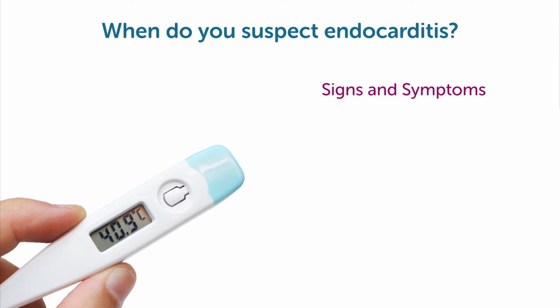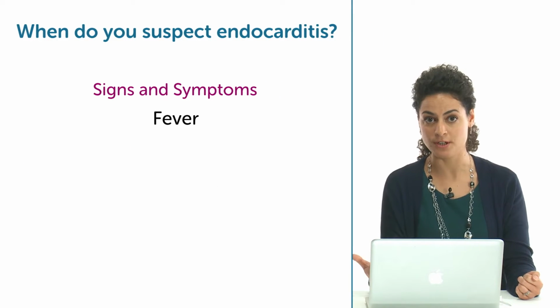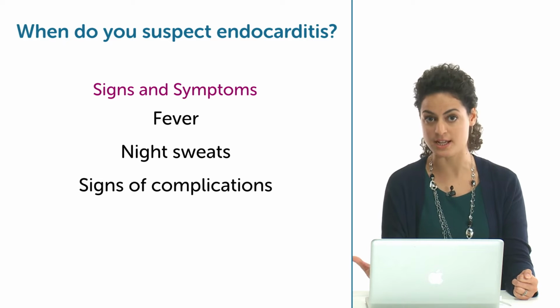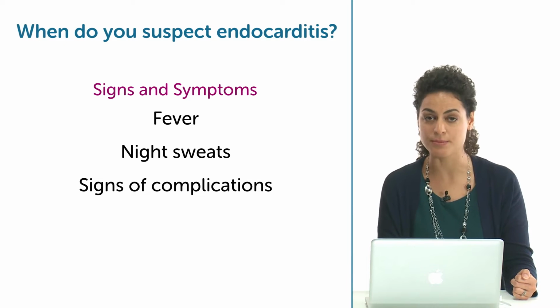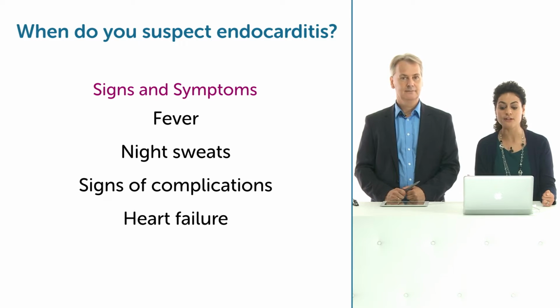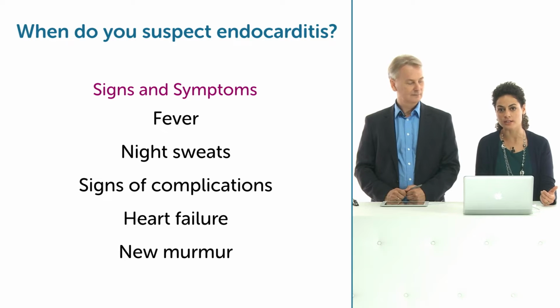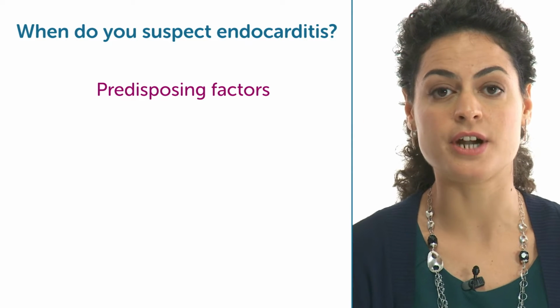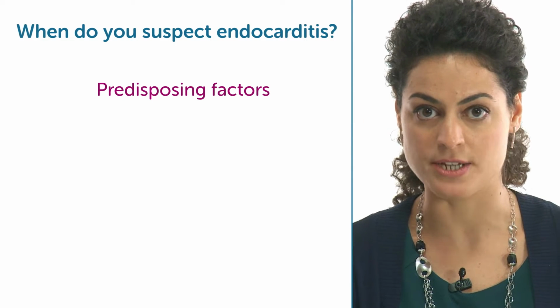When do you suspect endocarditis? Well, first, look at signs and symptoms of infection. So fever, of course, but also night sweats. You could also have signs of complications, as in the example we showed you, or heart failure or the appearance of a new murmur in the context of fever. Consider that there are predisposing factors to endocarditis.